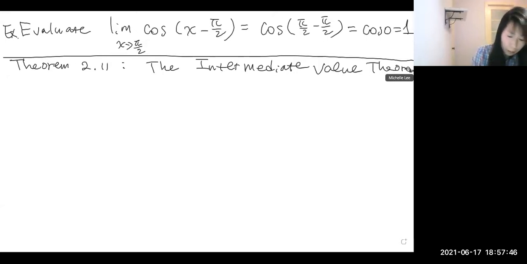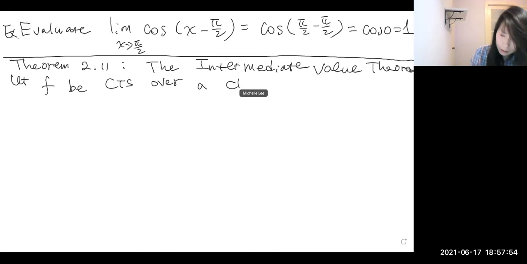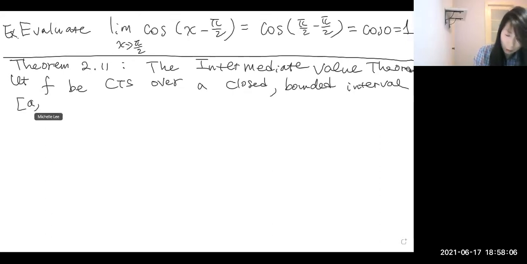So let me write down the theorem. F will be continuous over a closed, bounded interval [A, B]. Let me talk about the bounded later. So bracket means closed, right?